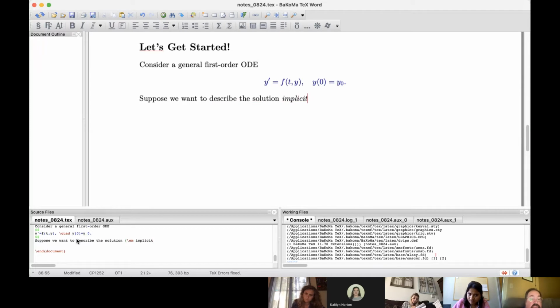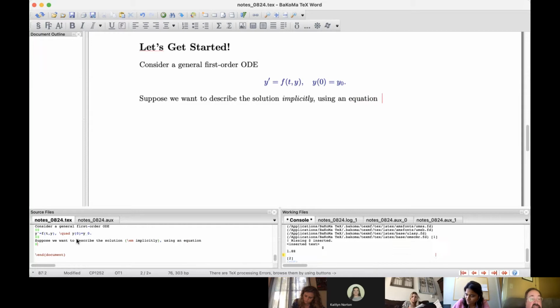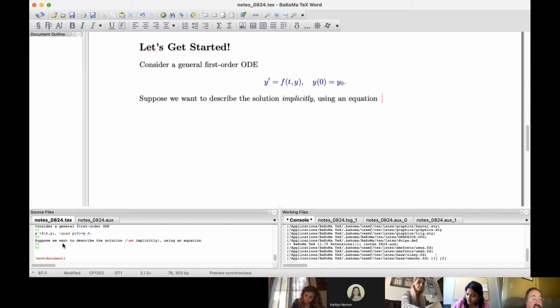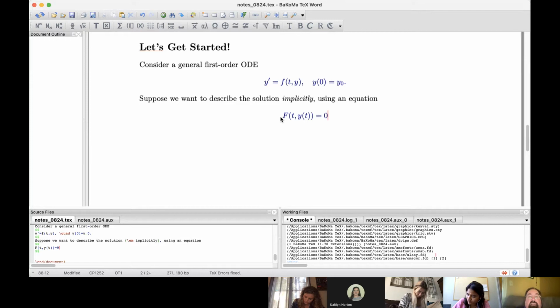And I want to describe a solution of this ODE implicitly. So we have some unknown function, capital F, that depends on t and a solution y of t that satisfies this equation.